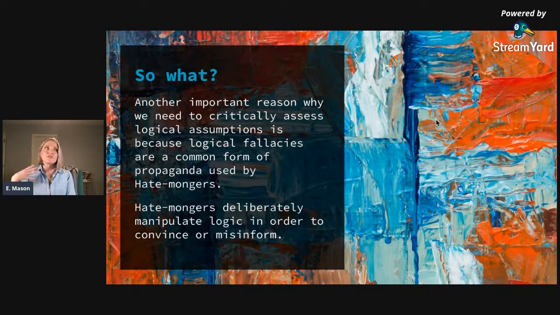So to prevent yourself from getting manipulated, or even better, if someone tries to use these flawed argumentative tactics on you, you could point it out and say, no, this is an example of such-and-such, therefore your argument is flawed, which I actually did last week to someone on social media.